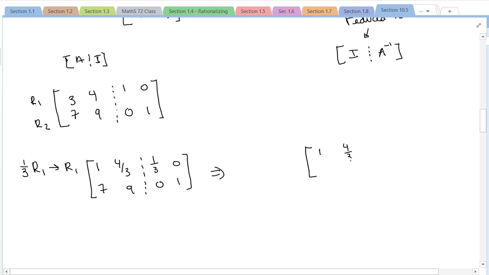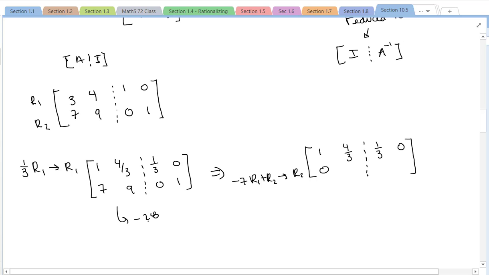So row 1 stays the same, but my new row 2 comes from doing -7 R1 plus R2. So -7 times 1 is -7 plus 7 is 0. -7 times 4/3 is -28/3 plus 9. Let me do the math here on the side.